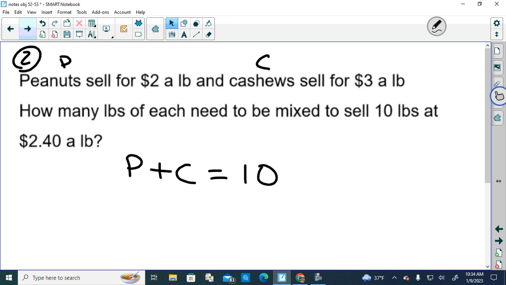Just like the last one, where we had adults and students, now it's per pound versus the tickets. Peanuts were how much? $2. Cashews, $3. The only difference is we want to convert this, because this is per pound, and we already know how many pounds we're going to have.